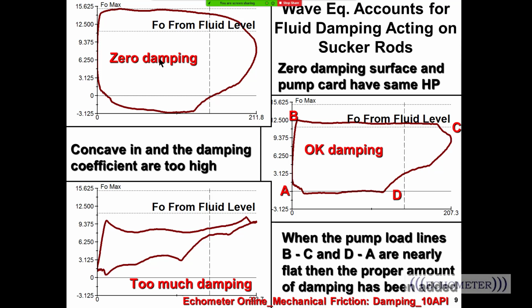So you can see here that this pump card is concave outward, meaning the damping factor is too low. In this downhole pump card, the damping factor takes out too much friction from the upstroke and too much friction from the downstroke, and it's concave inward, and that means the damping factor is too high.